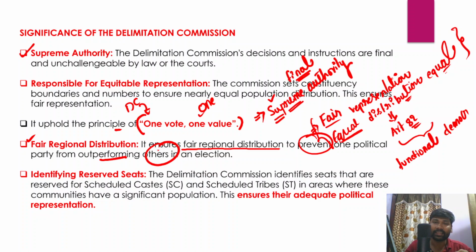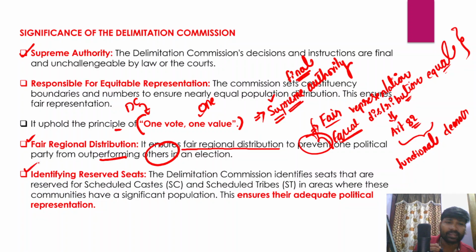So this ensures a level playing field for all the political parties in India. So understand one thing, that in India we have a multi-party democracy, not a bi-party democracy, or a single party country like China. We have one single party, right?